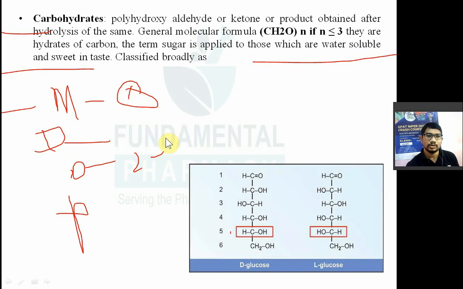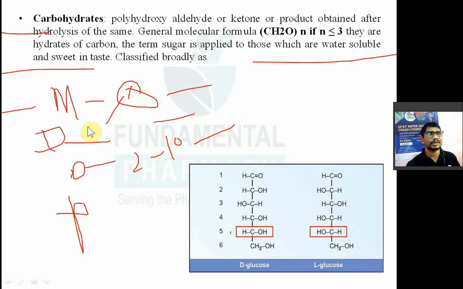And polysaccharide means many sugar units, more than 10, 20, 50, कितना भी हो सकता है. Now monosaccharides are further divided into different types.